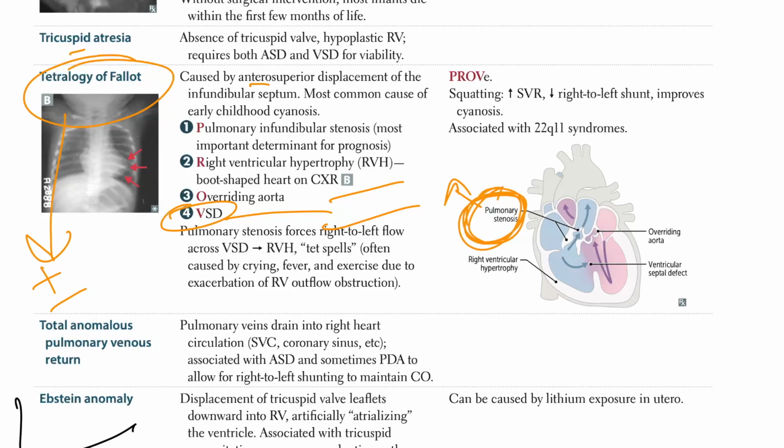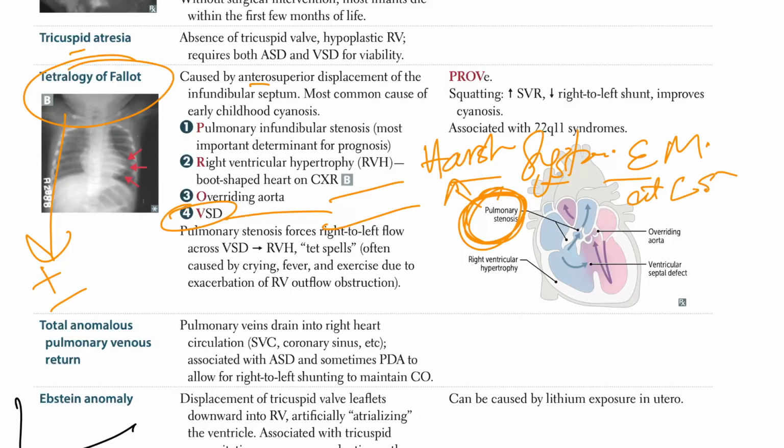That pulmonary stenosis murmur is going to give you a harsh systolic ejection murmur at the left upper sternal border due to RVOT obstruction, again due to pulmonary stenosis, plus or minus a VSD murmur. But because it's too big, not much of a VSD murmur, but for sure the pulmonary stenosis murmur.